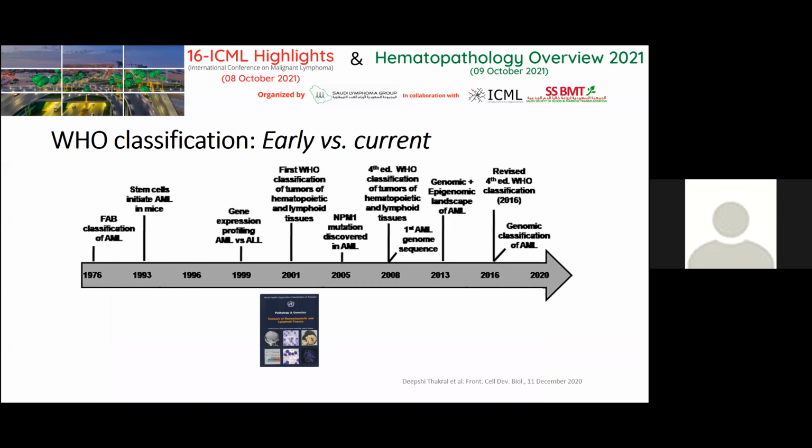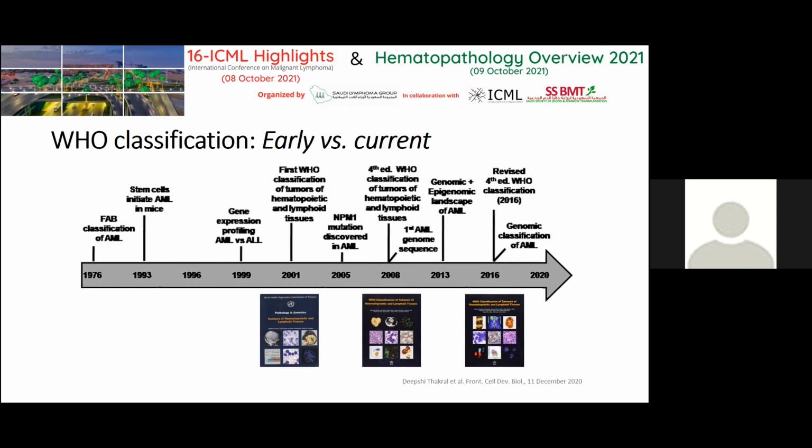Then the discovery of recurrent cytogenetic abnormalities led to a novel classification system by the WHO in 2001. The 2008 classification reflects the significance of new molecular insights that have become available since 2001 and opened the door to include genetic abnormalities as criteria for classification at that time and also in the future.